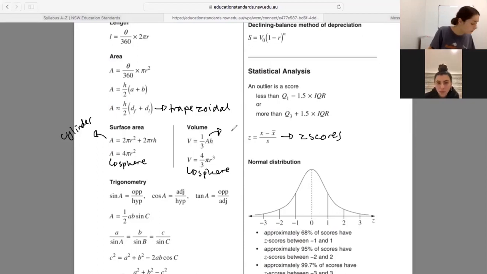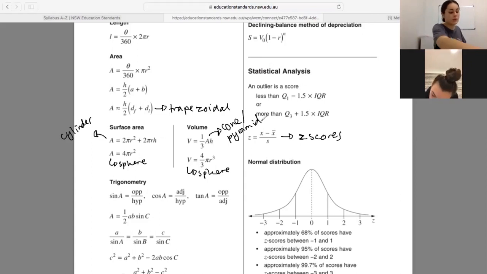Did you write what's Z scores? Oh, sorry. Z scores. This one is a cone. I thought that was a pyramid. Oh, okay, yeah. I can send you photos of them all as well because I have them here.